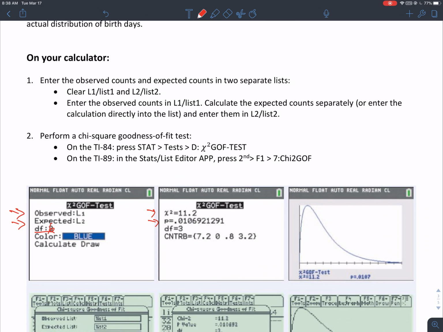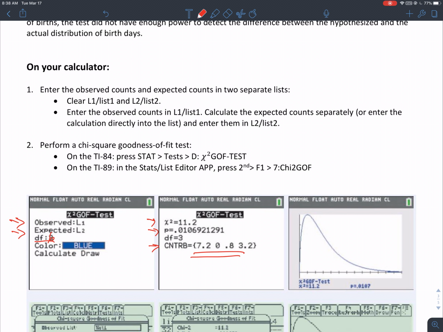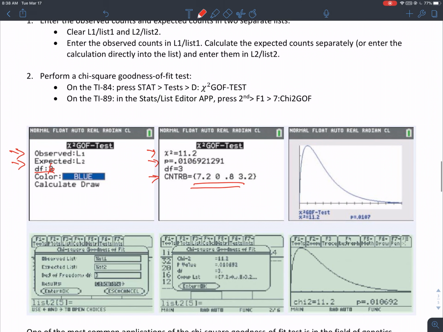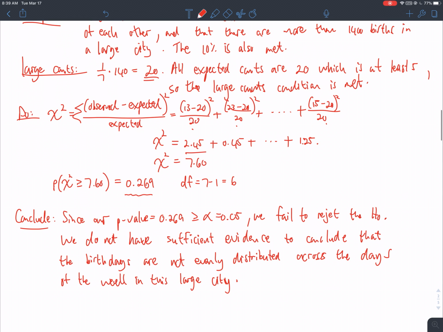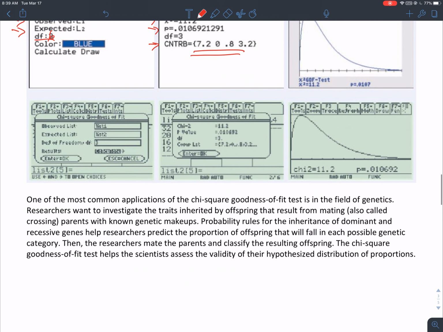You get your p-value, and the nice thing is you get your contributions. So all of these numbers, at least for a goodness of fit test, okay? So all of these numbers, the contributions, or sometimes called components, that you would need to write down here are also given to you, at least for a chi-square goodness of fit test, right? I don't think they are given to you for one of the other tests. In any case, we'll see that when we get there.